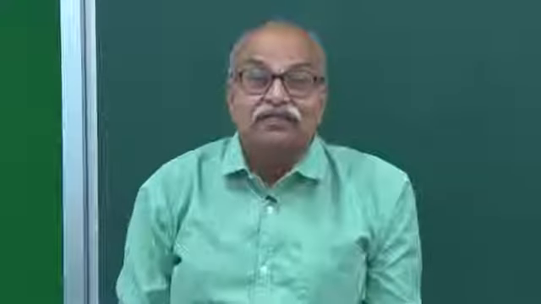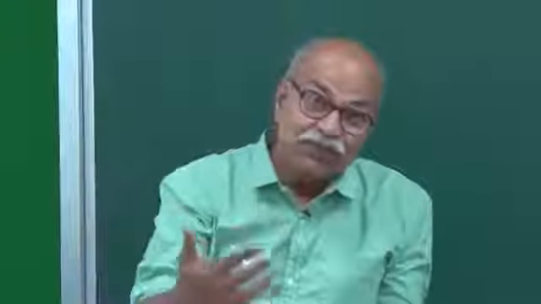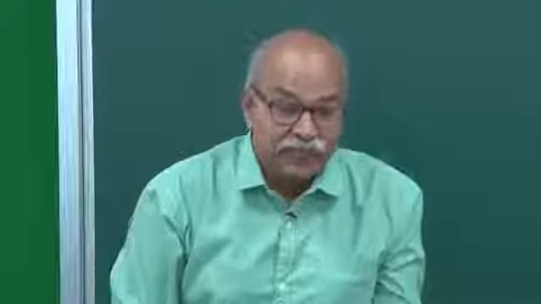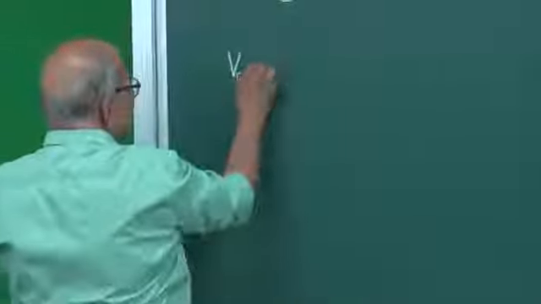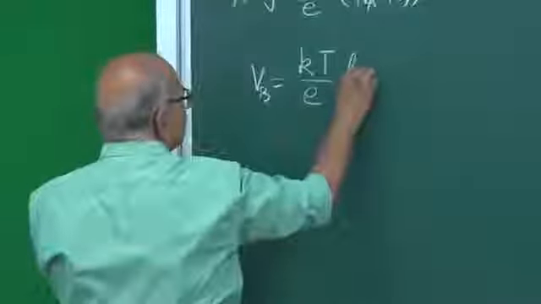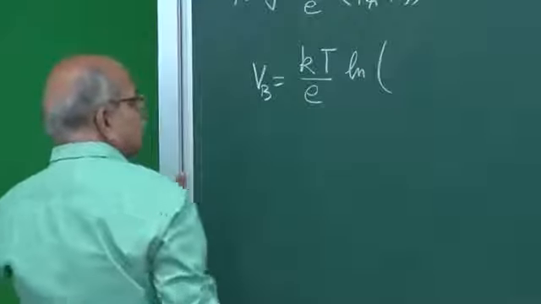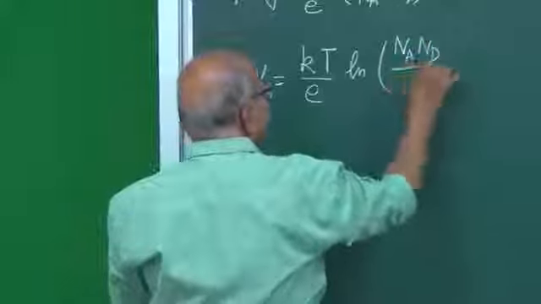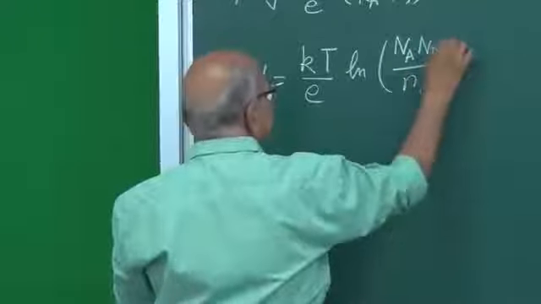So I will not give you those derivations, but I will give you the expression for this VB in terms of those impurities and the temperature. And that is, this VB is KT divided by E, then log on the natural base of Na Nd over small ni square.